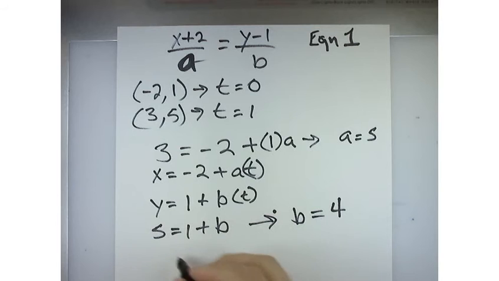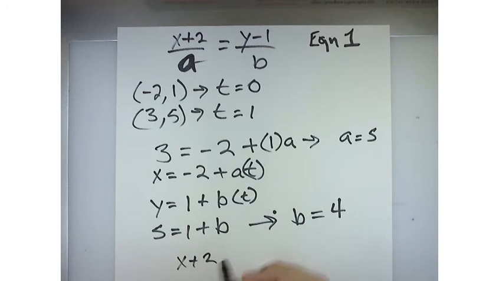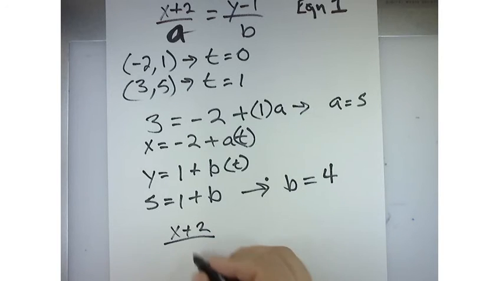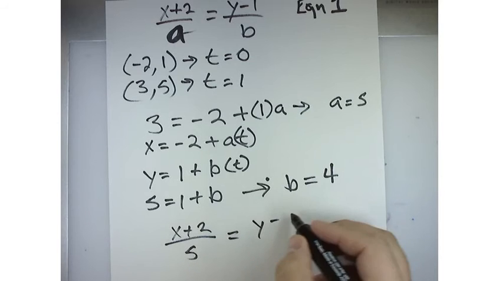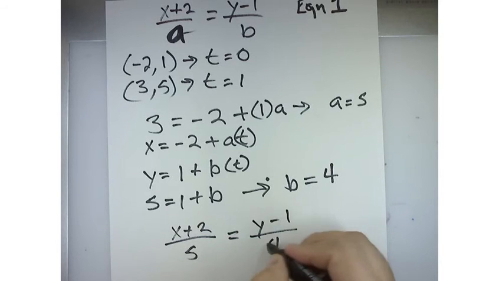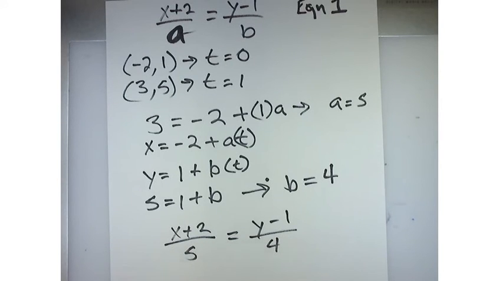So then I have x plus 2 all over 5 is equal to y minus 1 all over 4. I've now eliminated my t's. This is how I could solve for the Cartesian equation.